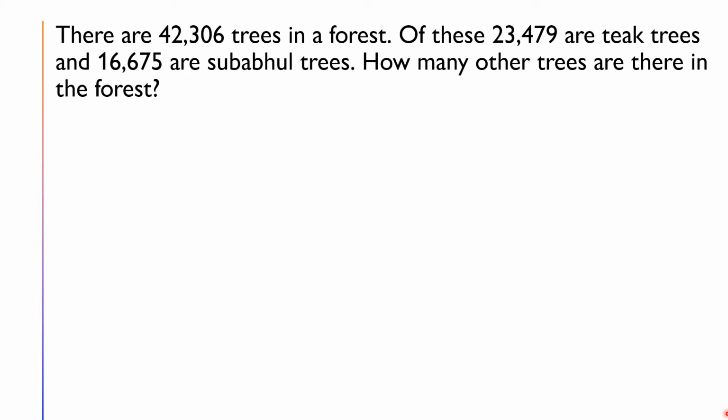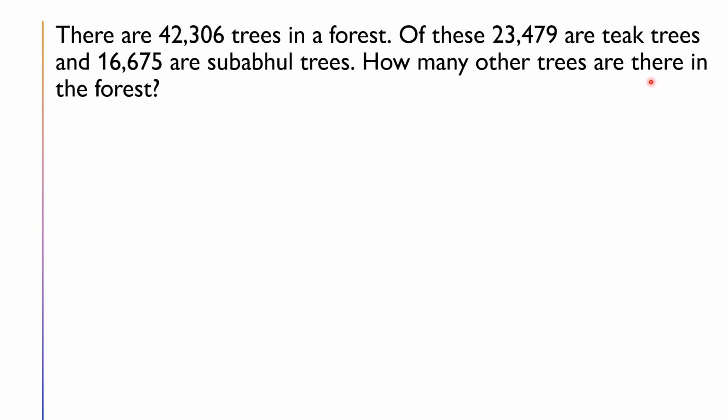So students, here the total number of trees in the forest is 42,306. From this, 23,479 are teak trees and 16,675 are suberbull trees. We have to find out the other trees in the forest.